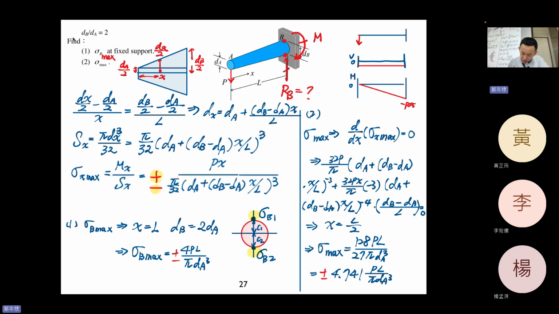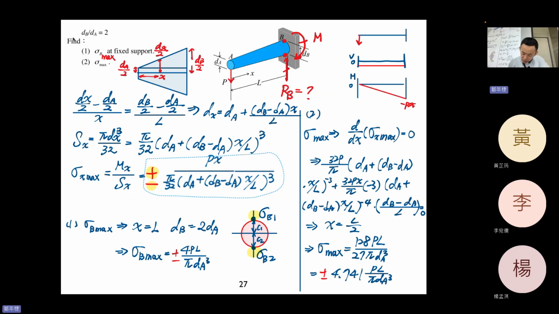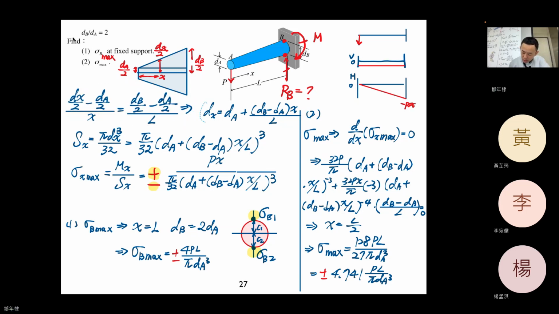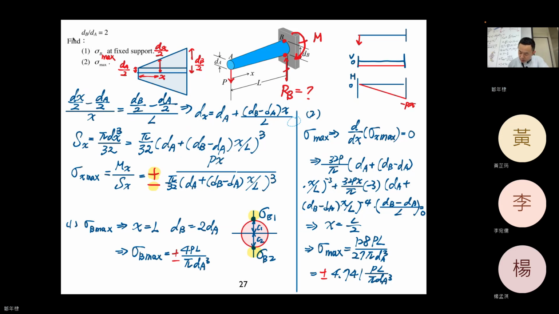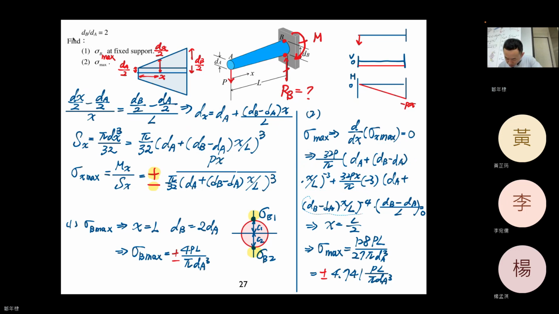So that's the reason why I always say chapter 5 is the most difficult chapter in mechanics of materials. Okay, that's it. Rearrange. Wow, perfect.